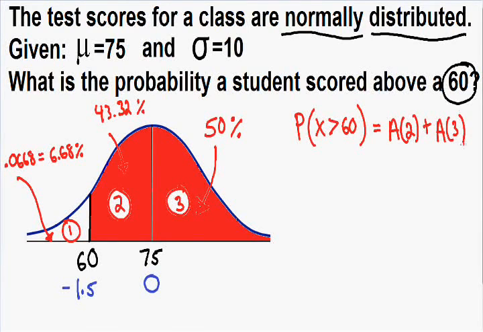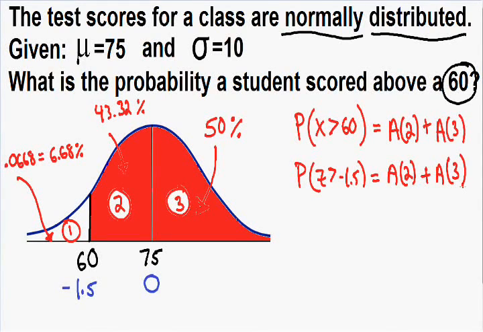Those are the areas above 60. Or another way we could say this is the probability that our z-value is greater than negative 1.5 is equal to the area of section 2 plus the area of section 3. These are two ways of saying the probability that a student scored above a 60.